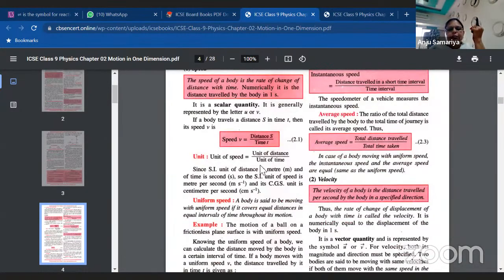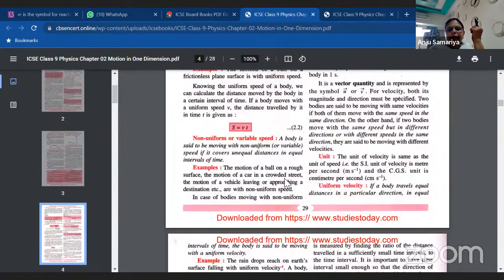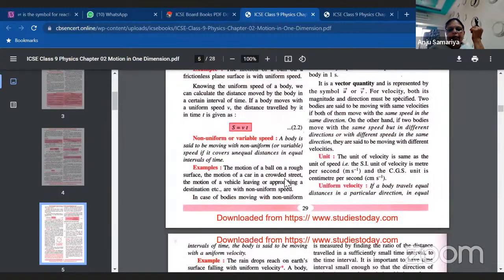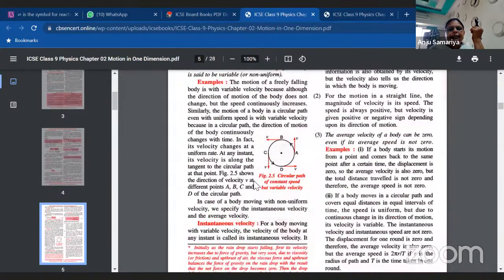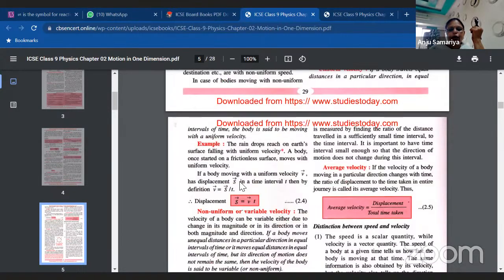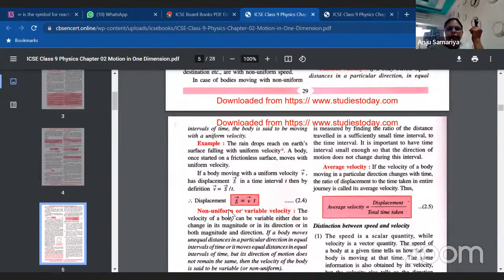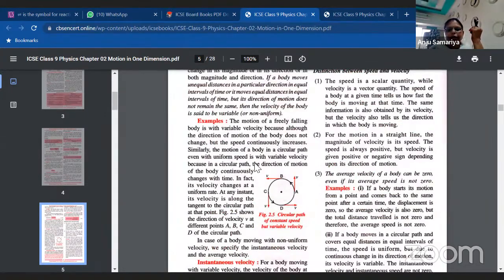Then we did speed and velocity, then average speed, then average velocity. Then we did uniform velocity and variable velocity. And then we did this example, a circular path is a constant speed but variable velocity. This is very important.